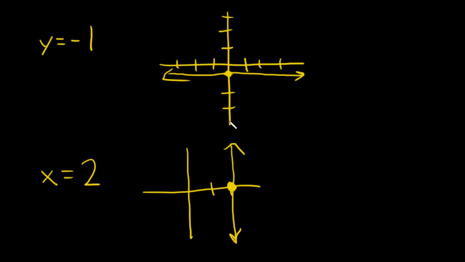What about this one? Well, as I move my imaginary vertical line across, everything's fine until I hit right here. And at this location, this x value, x equals 2, has an infinite number of y values. So this is not a function.